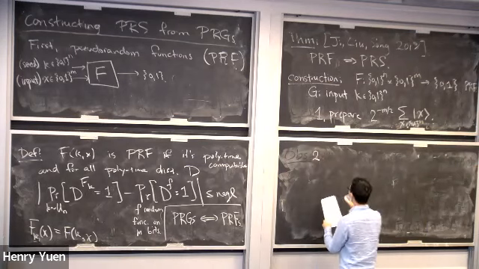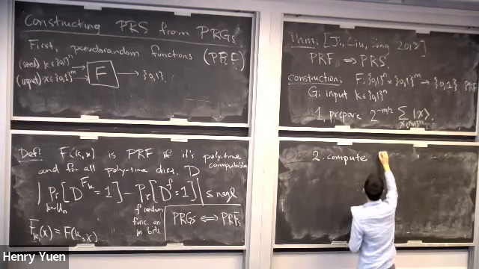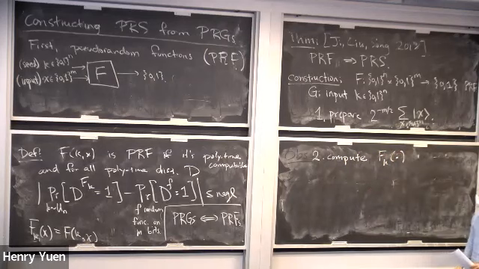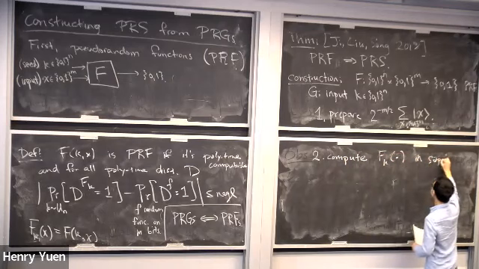Second step is we're going to compute this pseudorandom function, capital F sub k, on the superposition.